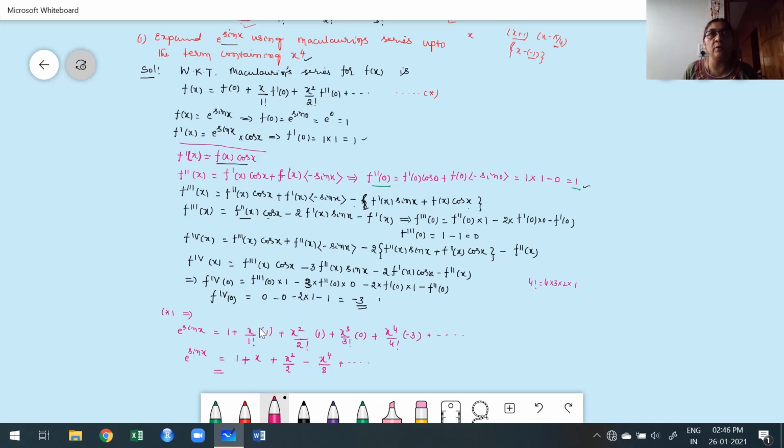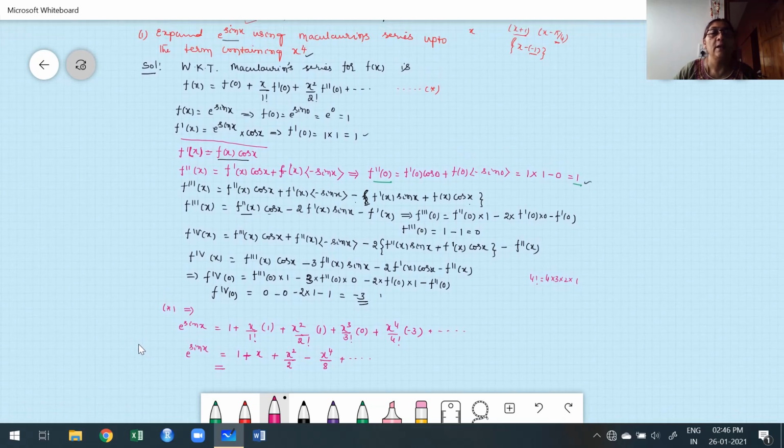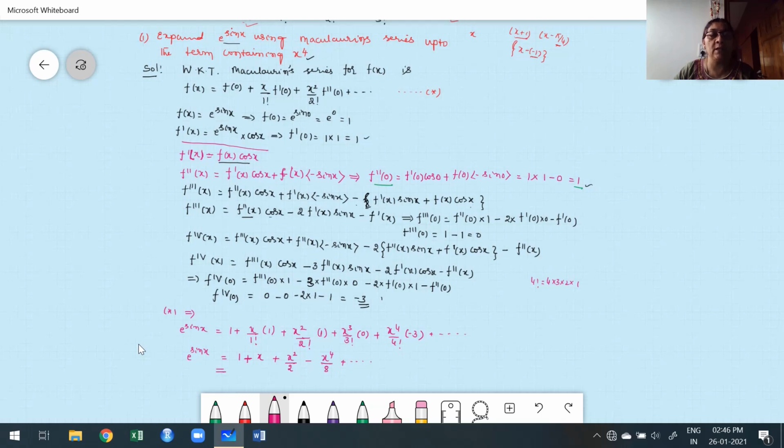Why follow this point? Then it is easy to find the higher derivatives of the given function without ambiguity. Once you follow these points, automatically we get the exact series of the given function using the Maclaurin series and also the Taylor series. Anybody who wants to take a screenshot, take it, because I'm showing the entire problem in one screenshot.